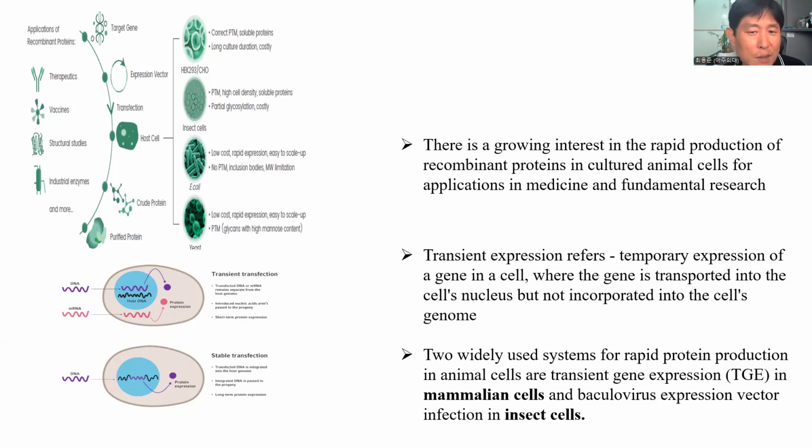So usually we purify the recombinant protein from an insoluble pellet inside the cell. We call that an inclusion body. So making recombinant protein using the E. coli system is the cheapest one, right? Right.